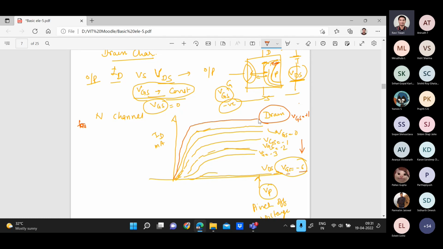When VGS is positive, like +2 or +3, it is called the enhancement mode. So in the same graph you can show both. When VGS is 0 or negative, it is depletion mode. If VGS is positive, it is called the enhancement mode.